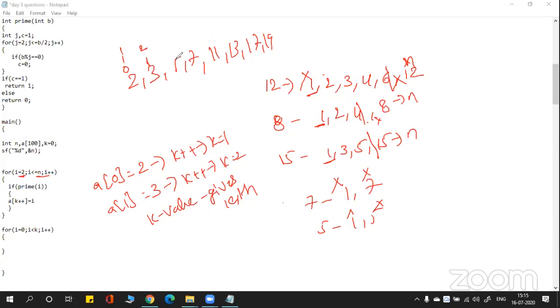If the index elements are 0, 1, 2, 3, 4, 5, 6, 7, then if it is 1, my k value will be 2. If it is 2, my k value will be 3, 4, 5, 6, 7, 8. So the k value becomes 8.